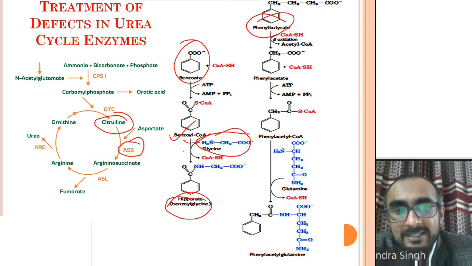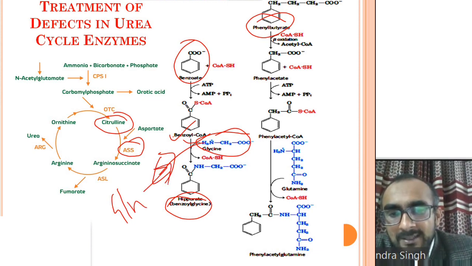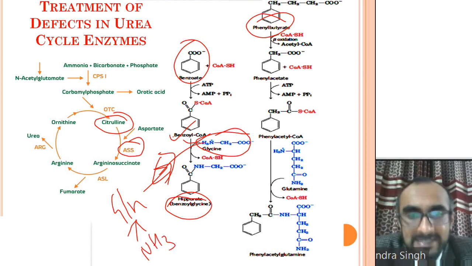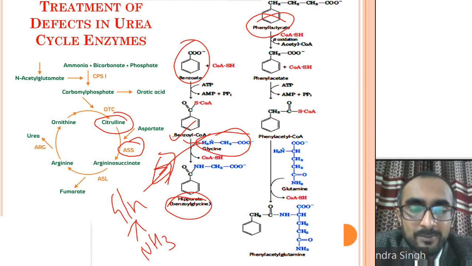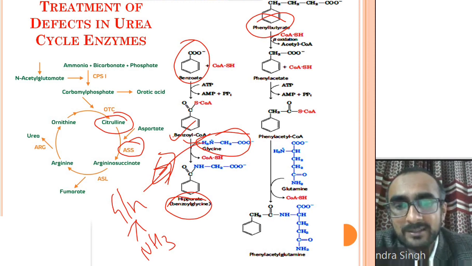So glycine is basically synthesized from glutamine. So glutamine is used to synthesize glycine, and we know from the previous lecture, glutamine is basically the carrier of ammonia. So in turn, ammonia concentration is regulated in the body, because to synthesize more glycine, you require ammonia to be used in the form of glutamine.